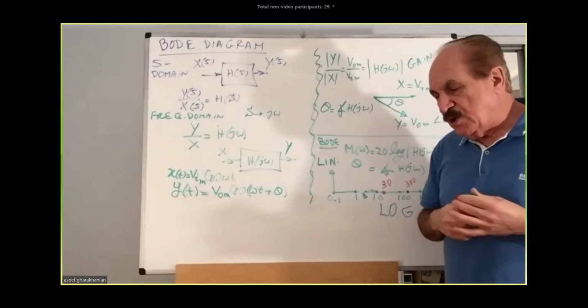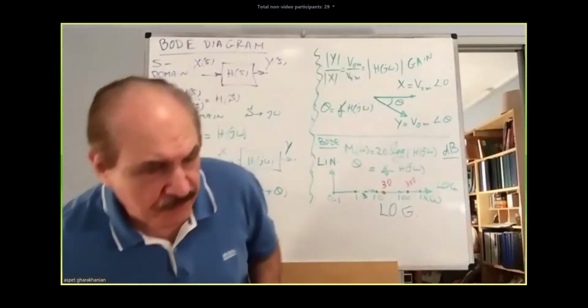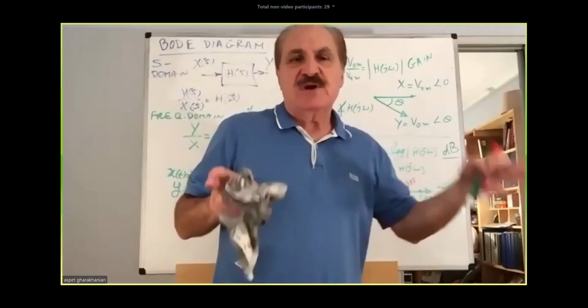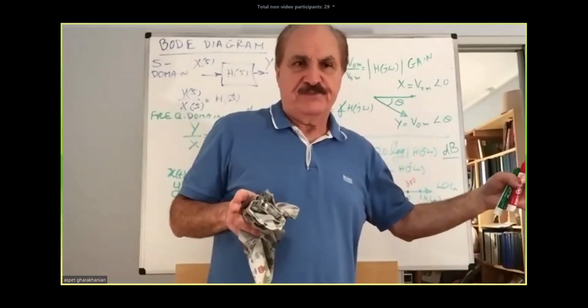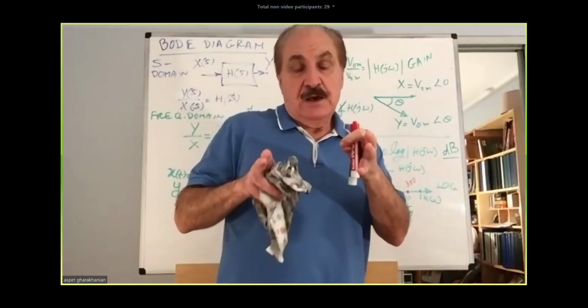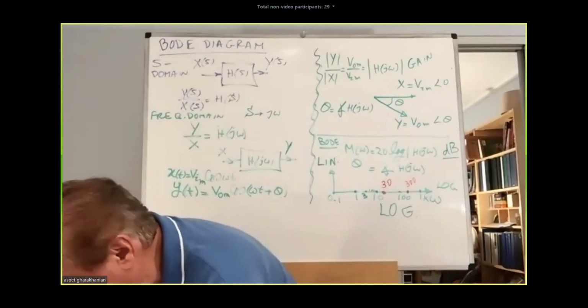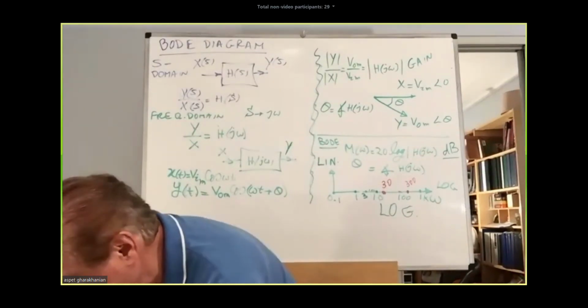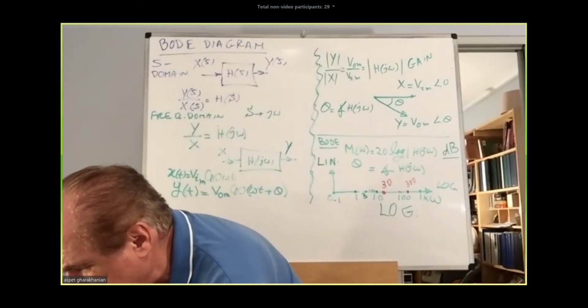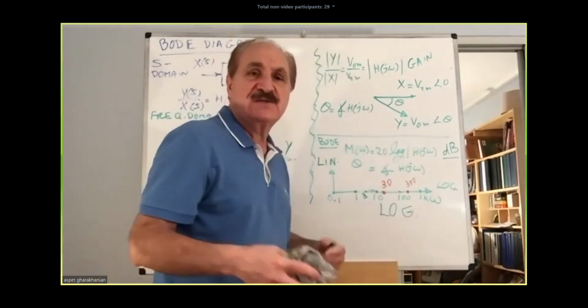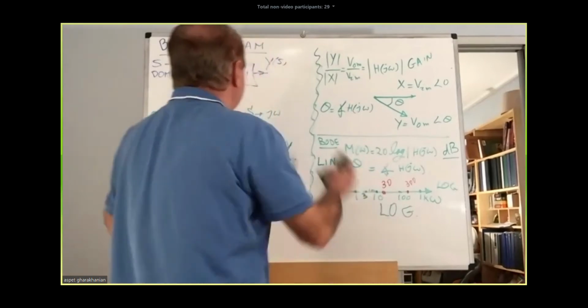The reason is often you may have two cascaded transfer functions together. So you have a transfer function, for example, say T1 of j omega, followed by a second one, T2 of j omega.